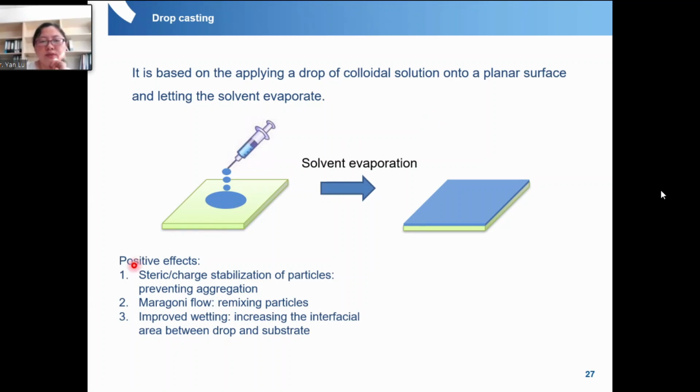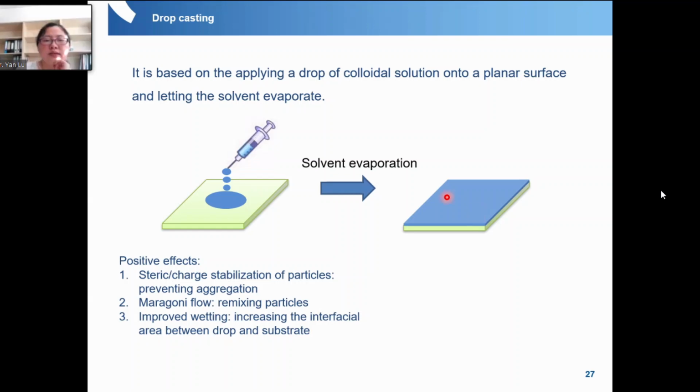And here you, of course, can use different flow mechanisms to remix the particles during the film drying process. And on the other side, it's also very important to improve the wetting.